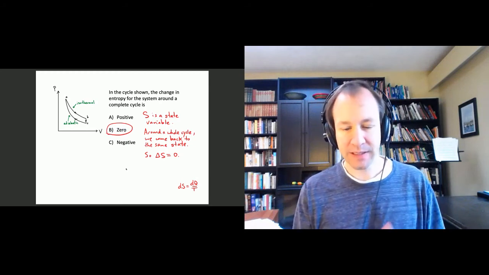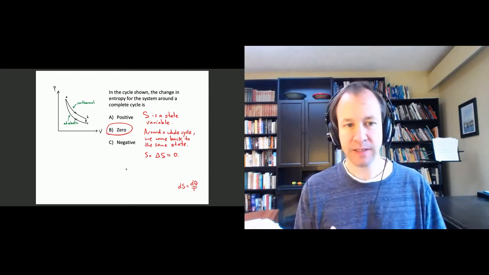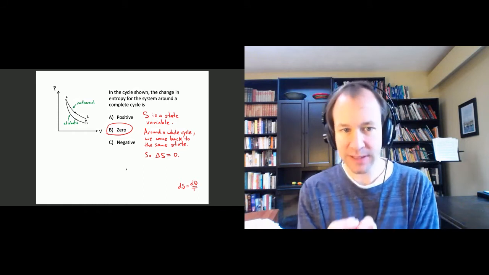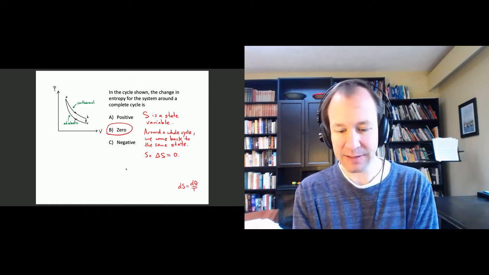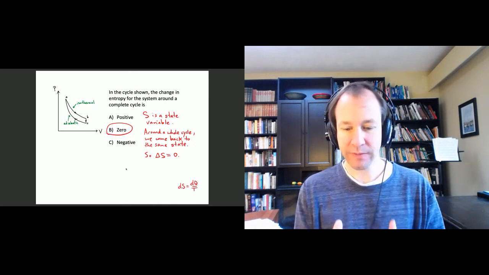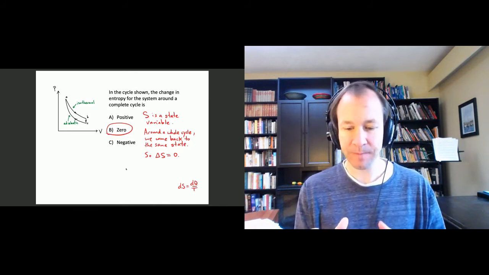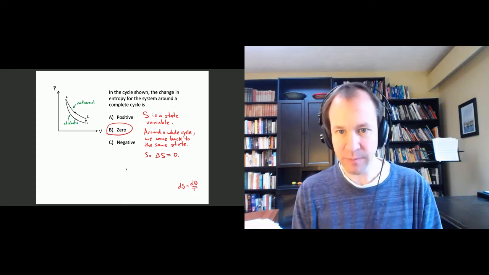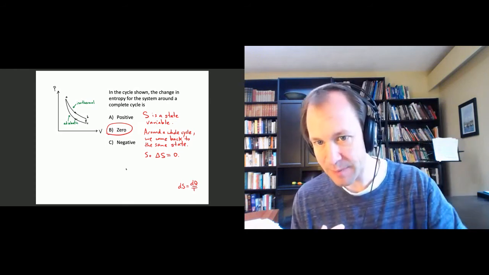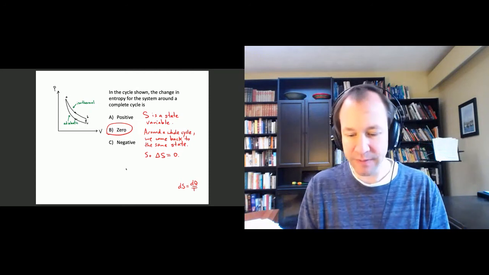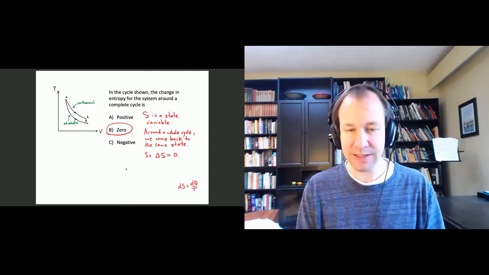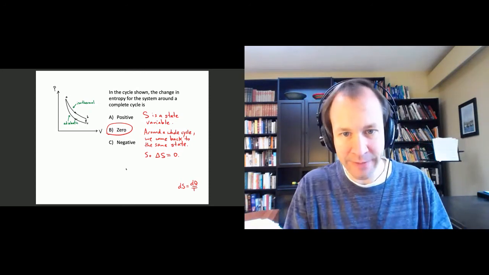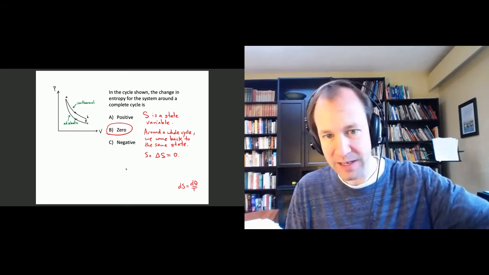So the entropy is something that's determined by the configuration of your system at a particular time. So if we know the volume, the pressure, and the temperature, then we could figure out in principle what the entropy is, because going back to the microscopic definition, it's like the number of microscopic configurations of the system that would have those macroscopic variables.